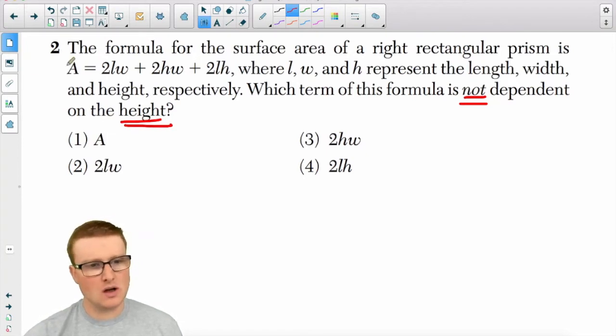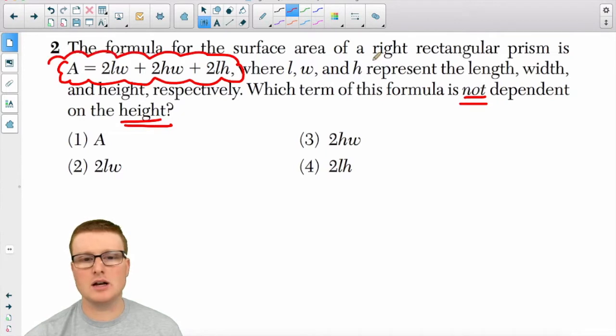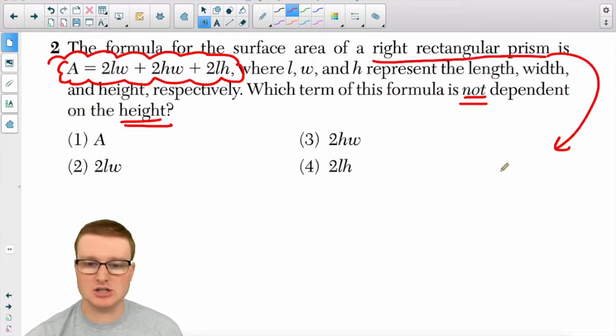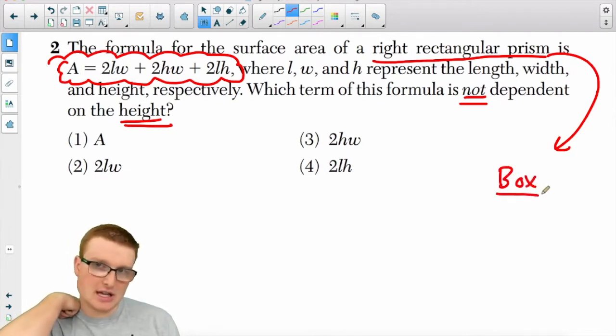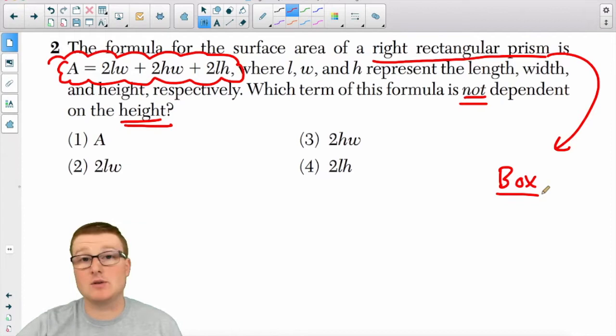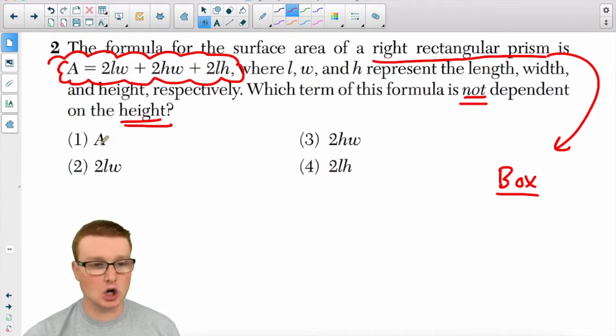Okay, so this formula right here is the surface area formula of a right rectangular prism, and that essentially is just a box. Okay, and so just think of yourself taking a box and wrapping it with wrapping paper for the holidays. This is the formula to get it. But besides the point, it's asking you which term of the answers is not dependent on the height.